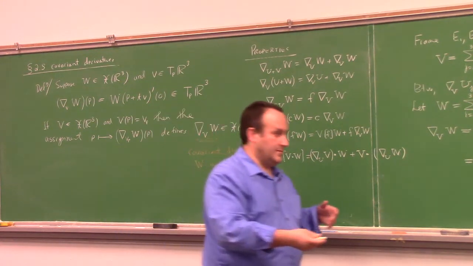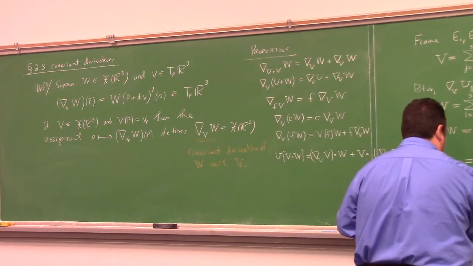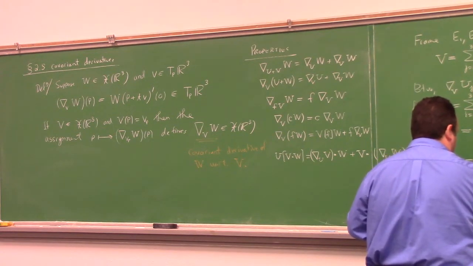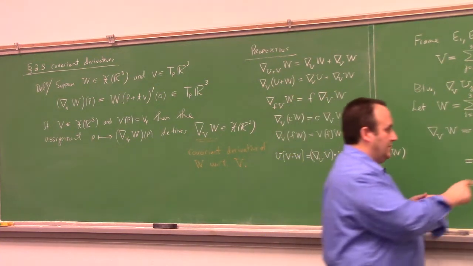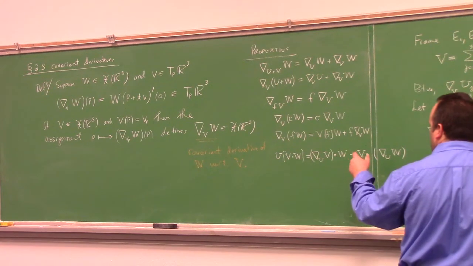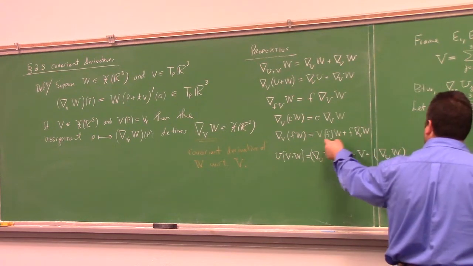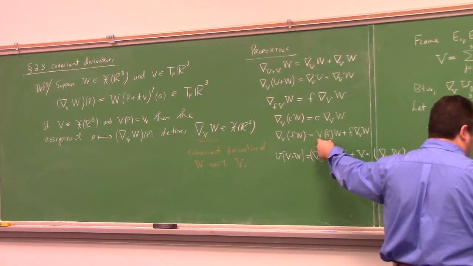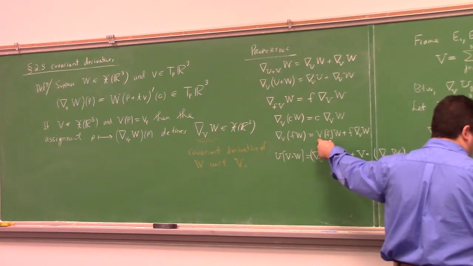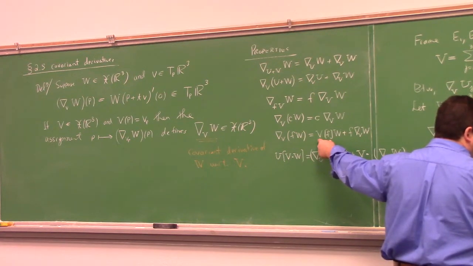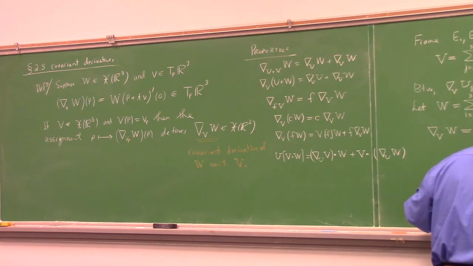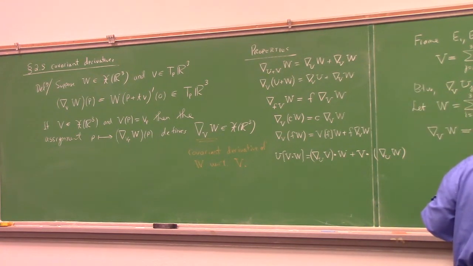And then we do the product rule. So this is the sum over I and J of Fj, and then I'm supposed to do V of G, but here V is Ej, so I do Ej of Gi times Ei, plus Gi times the covariant derivative of Ej of Ei.